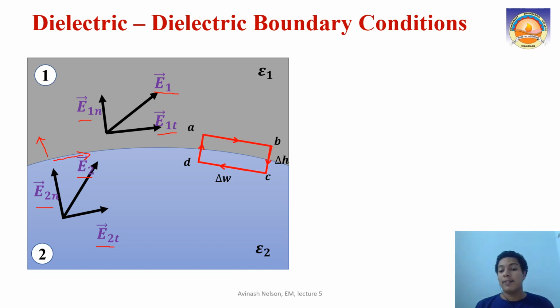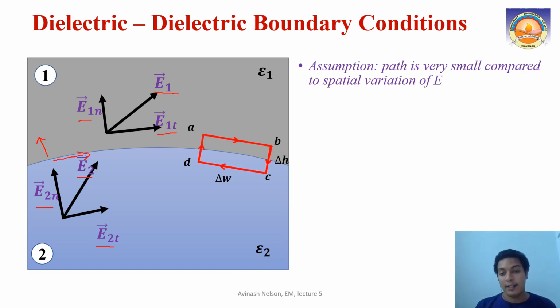Now, the first thing we have to do is consider a path. As I told you before, to find the boundary condition we will apply Maxwell's equation, which is the closed-loop integral of E dot dl equal to 0. For that I am considering this closed loop here in red, in the direction of the arrows, A, B, C, D, A. That is my closed loop.